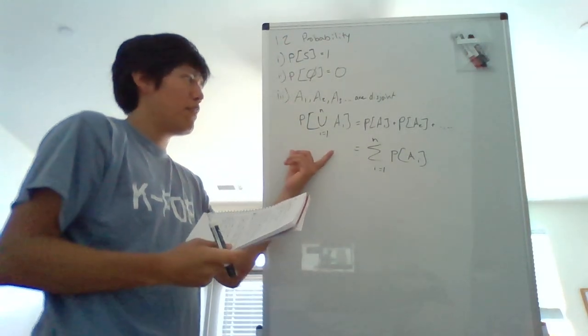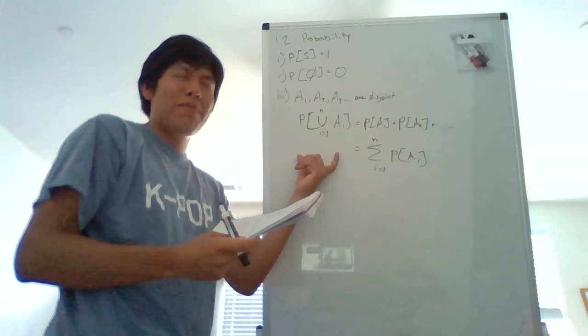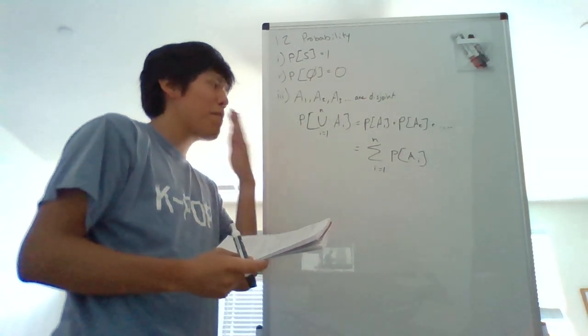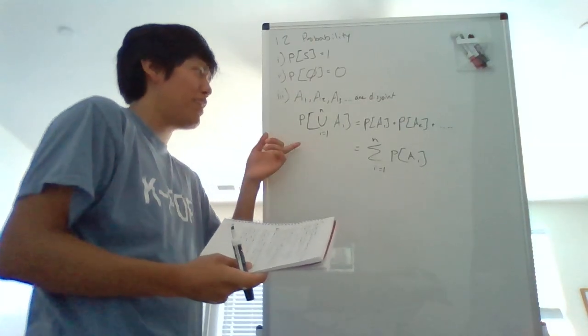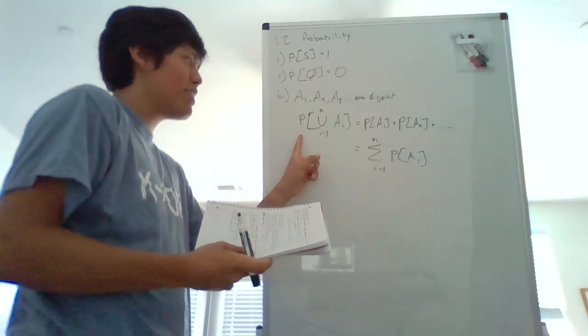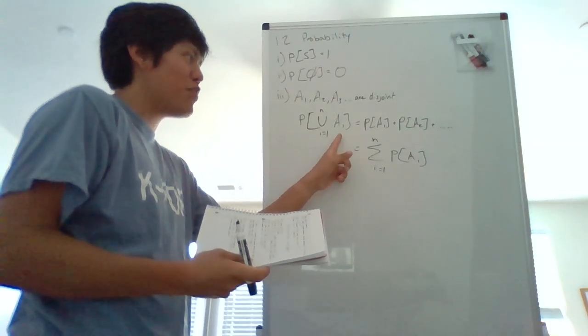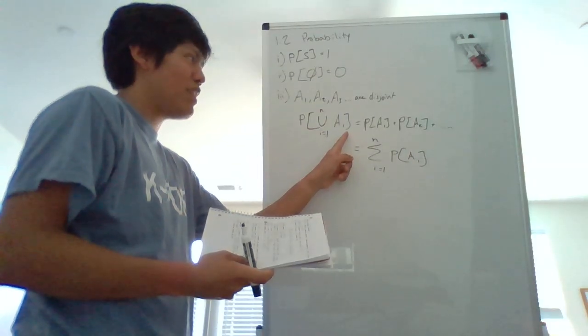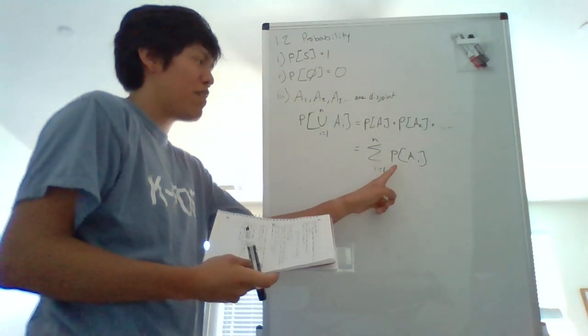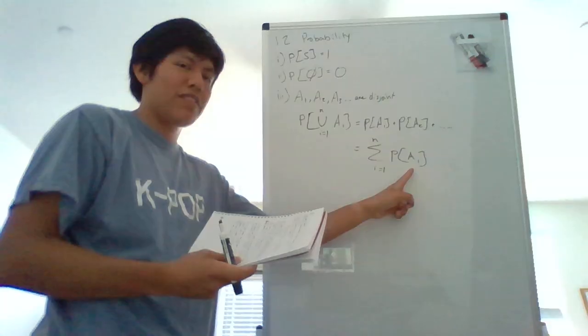So maybe this will make better sense in an example, but the way I'm reading this is the probability of the union of all of the events is just equal to the sum of the probabilities of the events.